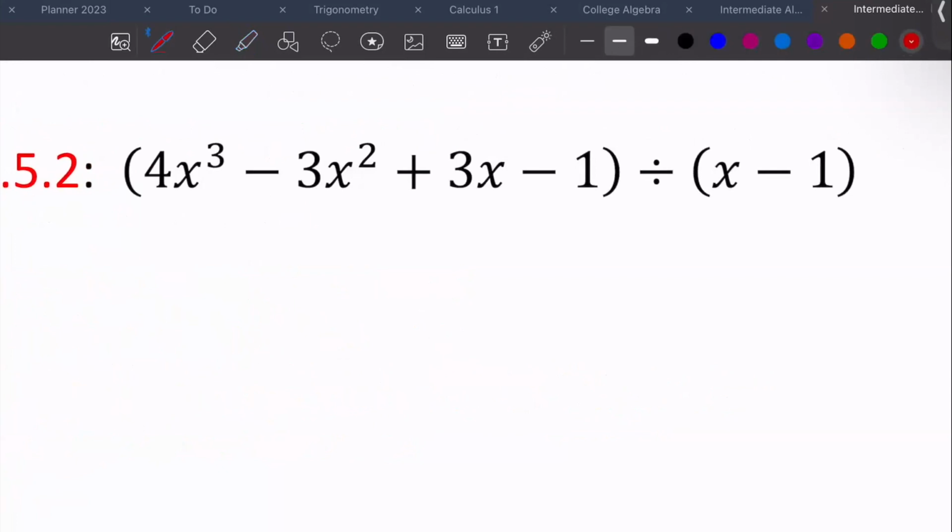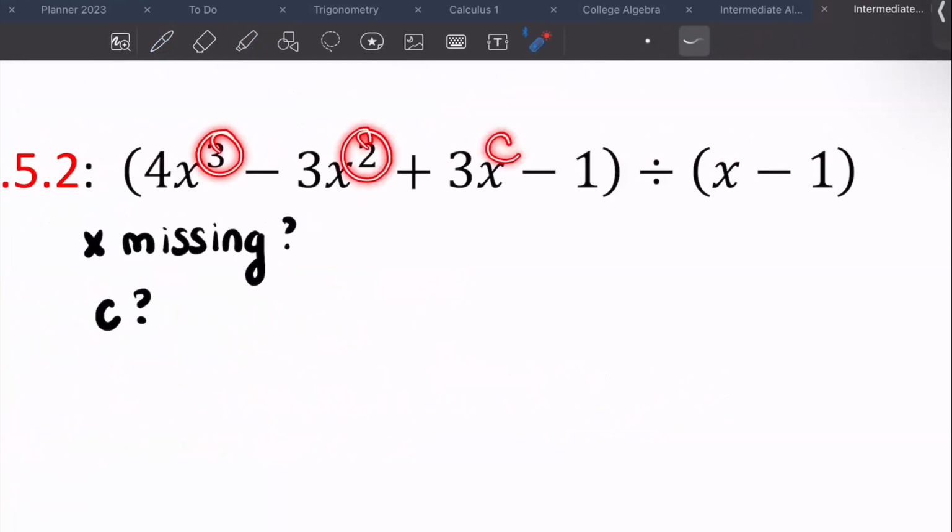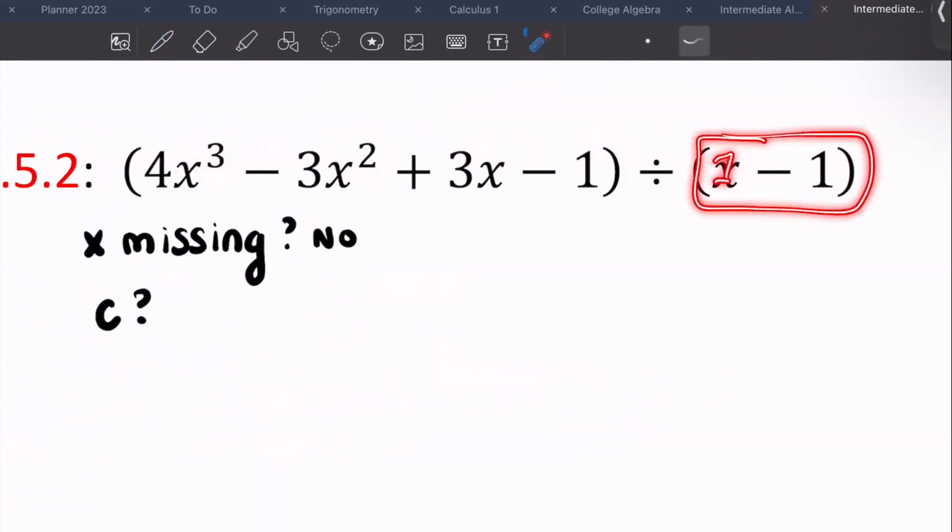Two questions. Is there an x missing? And what is C? Okay, 3, 2, 1, 0. We're good. No. C is the opposite of this number, or whatever makes this part 0, right? 1 minus 1 is 0.